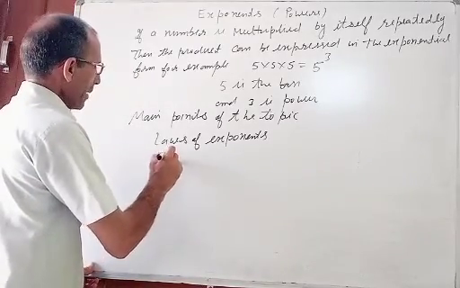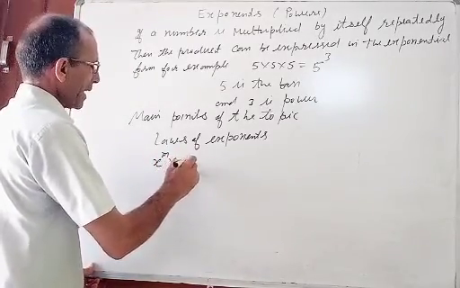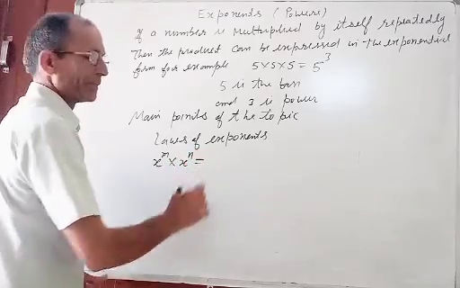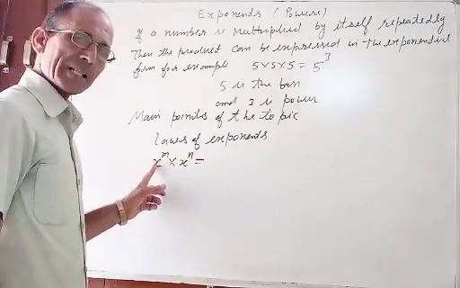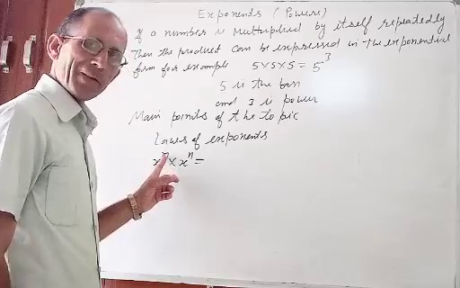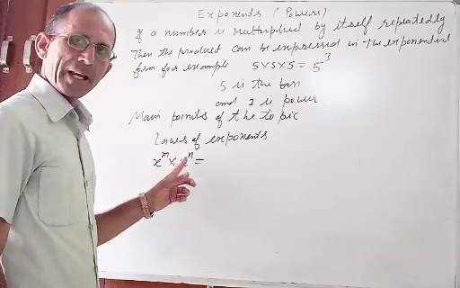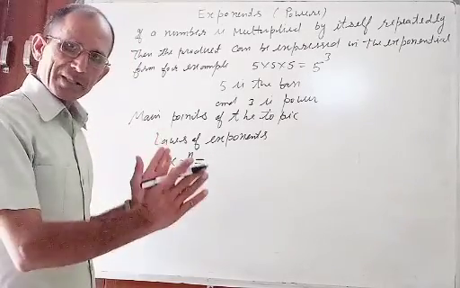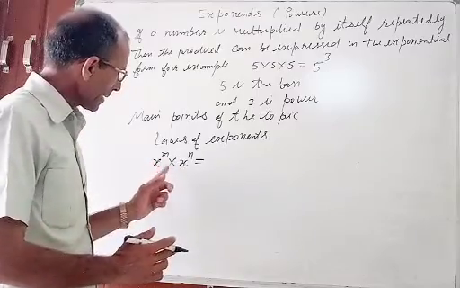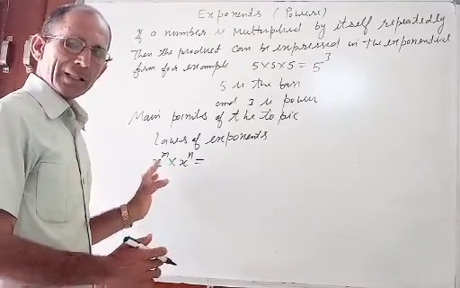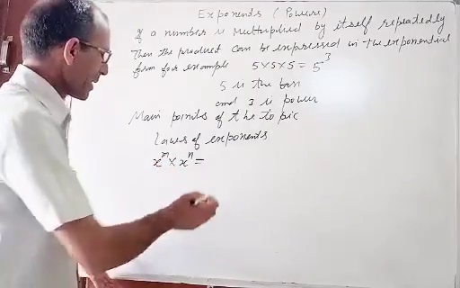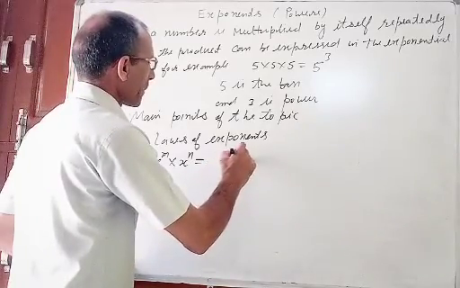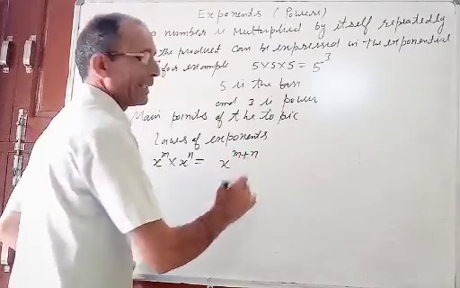x raised to the power m multiplied by x raised to the power n. x is base, n is power. If bases are same, x and x both are equal, so add their powers. So result will be equal to x raised to the power m plus n.